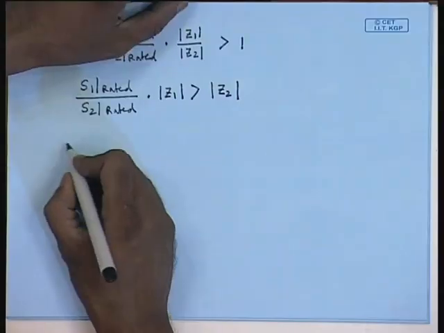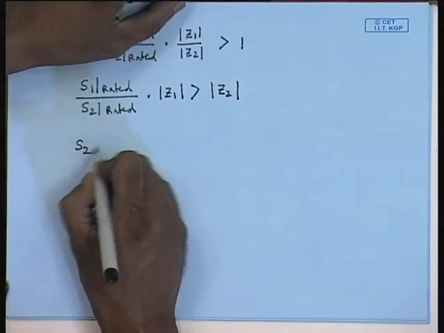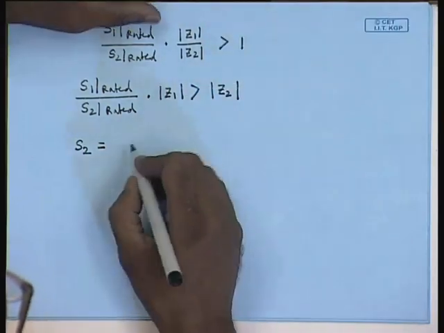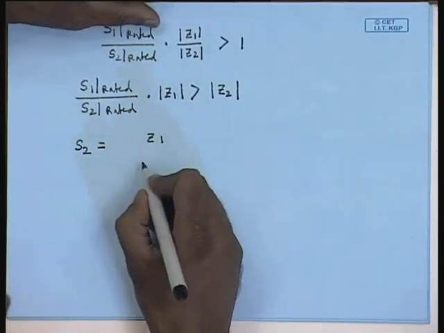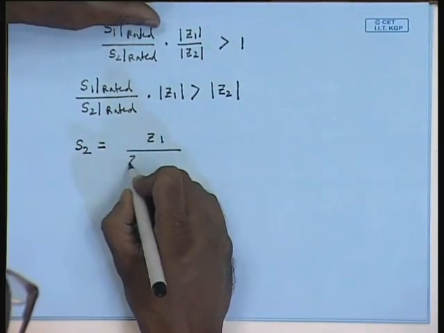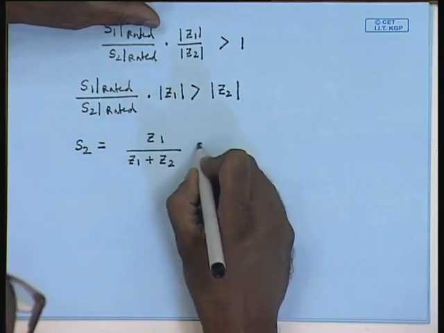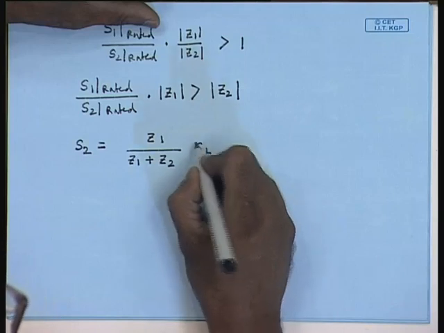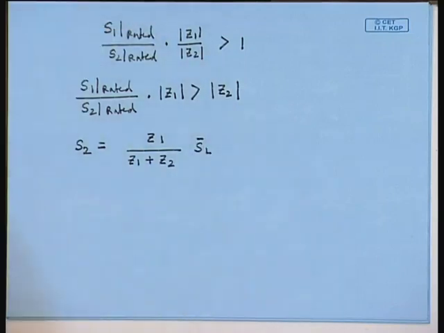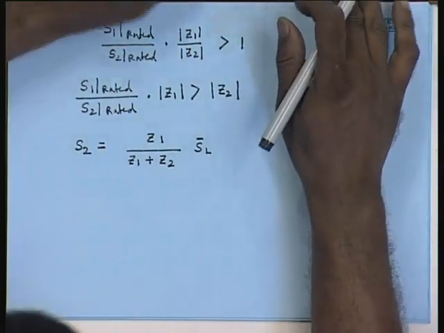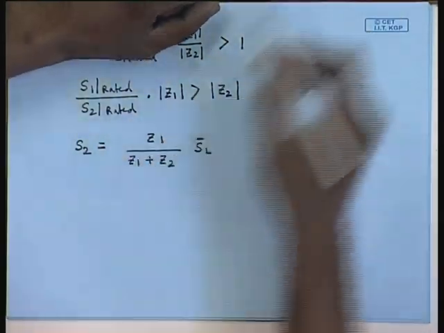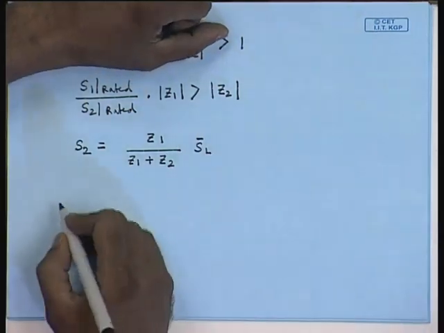because we have seen S2 to be Z1 divided by Z1 plus Z2 into SL. Now, let us say under certain load condition S2 has reached its rated kVA, S2 rated.